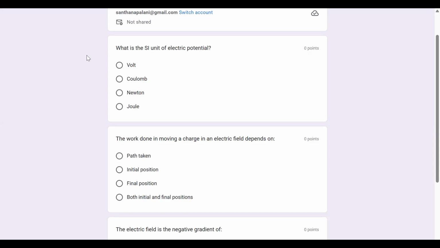First of all, you have to think about the electric potential formula. So in terms of dash, we can derive electric potential. Already you are familiar with that word, potential.